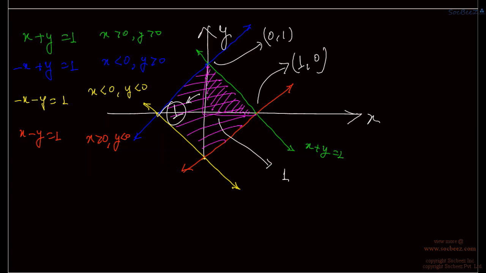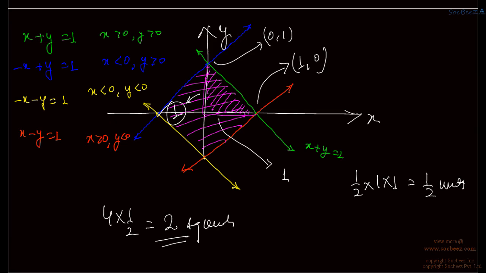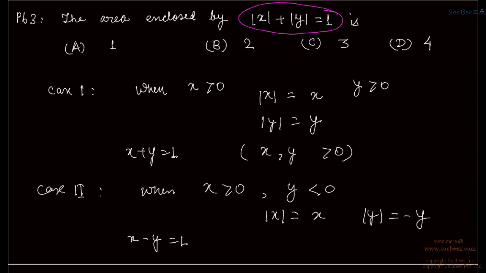So the area of this triangle is half into 1 into 1, which is half a unit. So the area enclosed is 4 times the area of this triangle, that is 4 times half, which is equal to 2 square units. Okay. So option B is the correct answer.